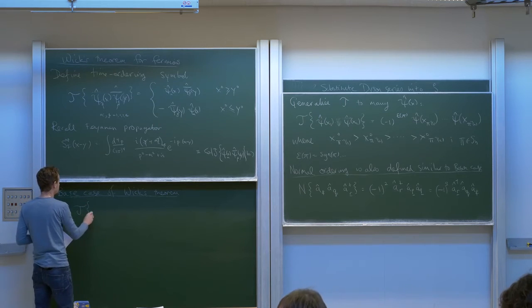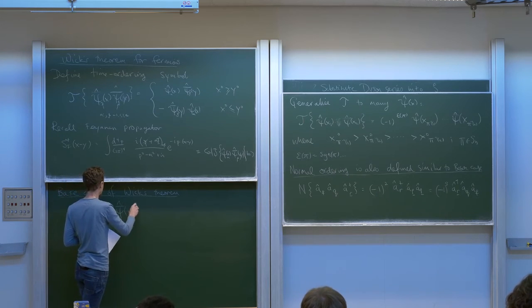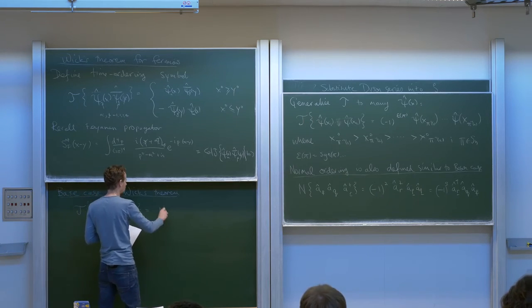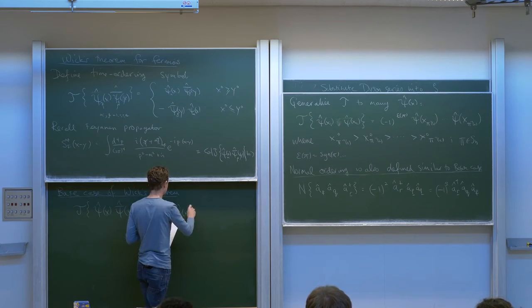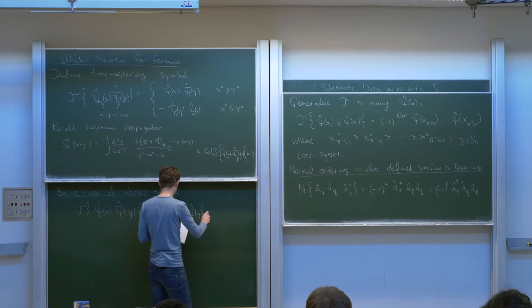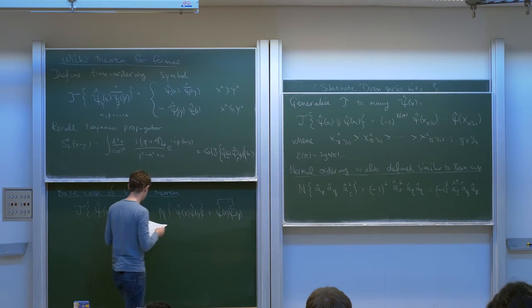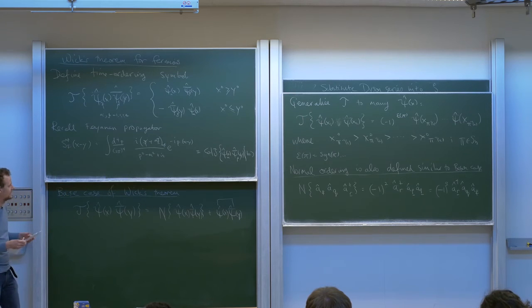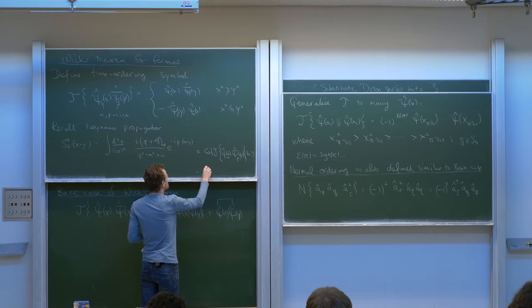So the base case of Wick's theorem relates the time-ordered product of two field operators to the normal ordered product of two field operators. And that symbol is going to be defined up above.